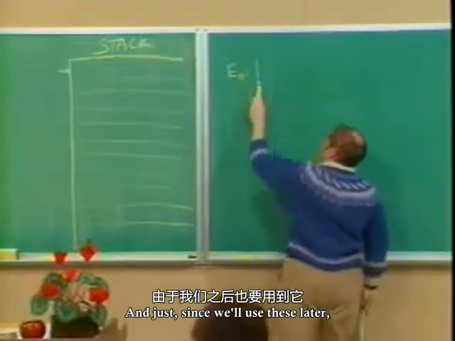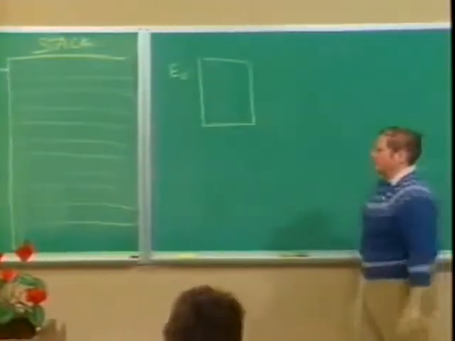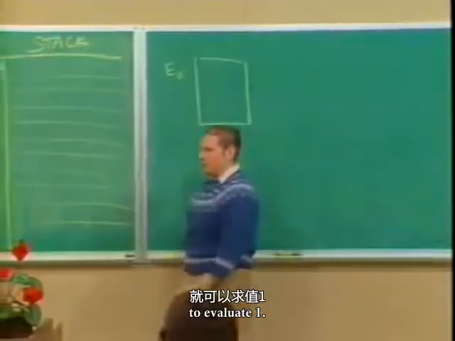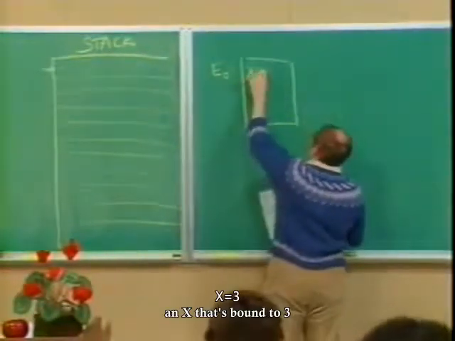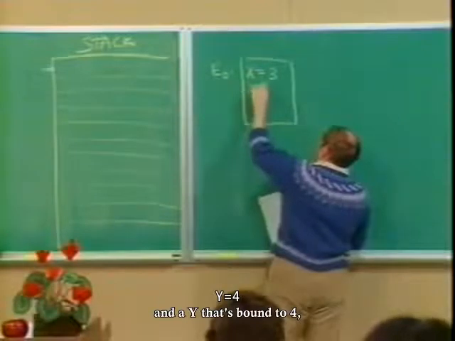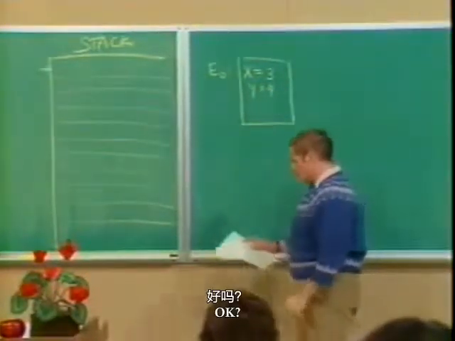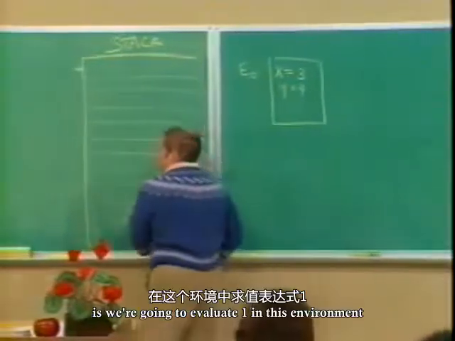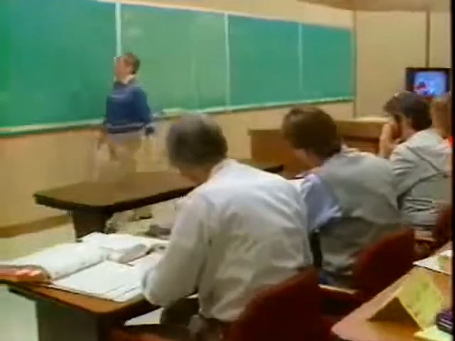Since we'll use these later, we obviously don't really need anything to evaluate 1. But just for reference later, let's assume that E0 has in it an x that's bound to 3 and a y that's bound to 4. Okay? And now what we're going to do is evaluate 1 in this environment.